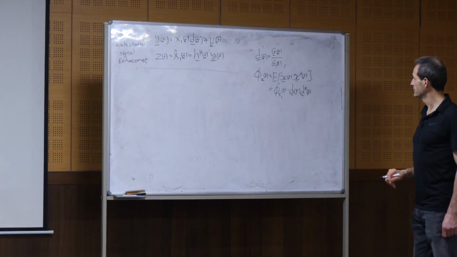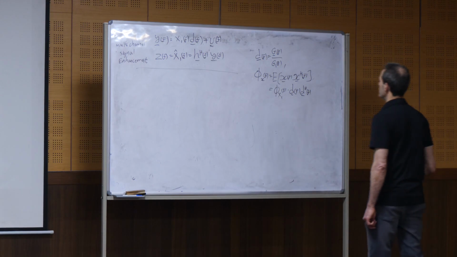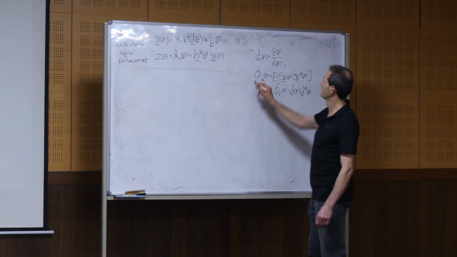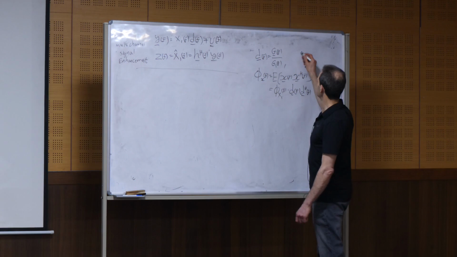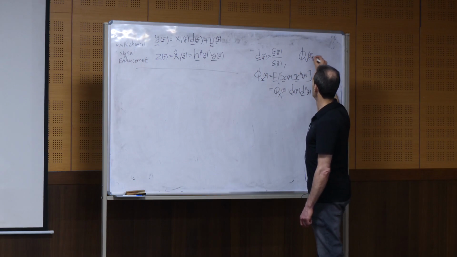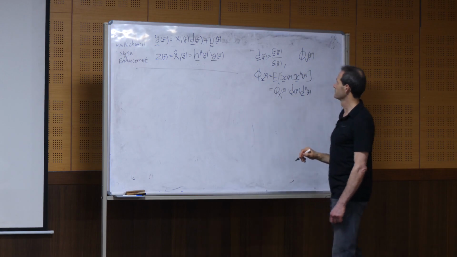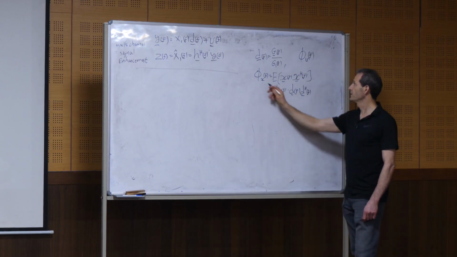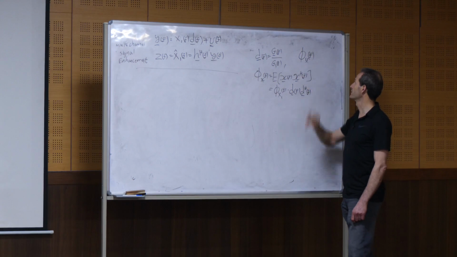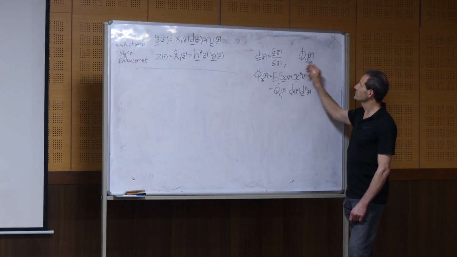In addition, I assume that I know phi v f. Okay, so you can write it like this. So I know also this matrix.